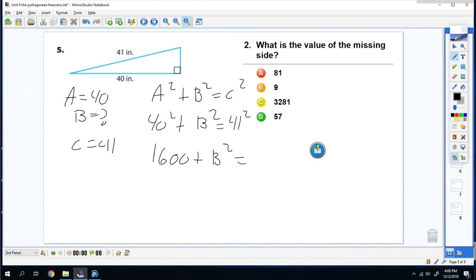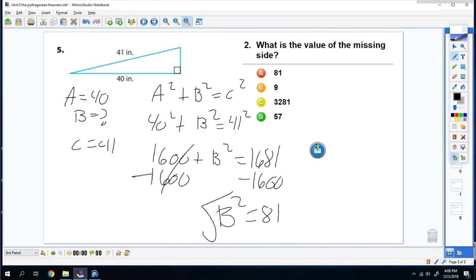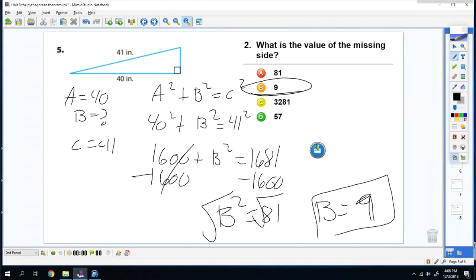And then you have to do 41 squared, which is 1,681. So then you subtract 1,600 from each side. B squared equals 81. So find the square root of 81, which is 9. And that's your answer, 9.